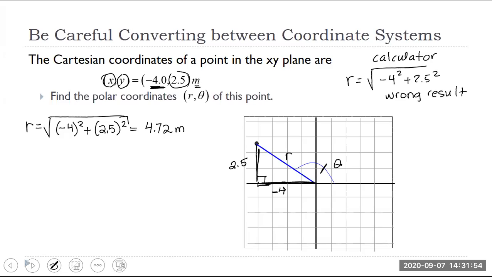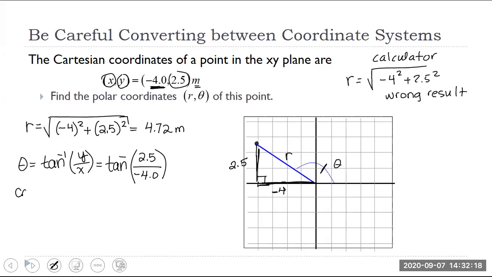I'm going to write it out. So the angle is the tangent inverse of y over x, and that's the angle that we want that I have marked. So this is tangent inverse where my y value is 2.5, and my x value is minus 4.